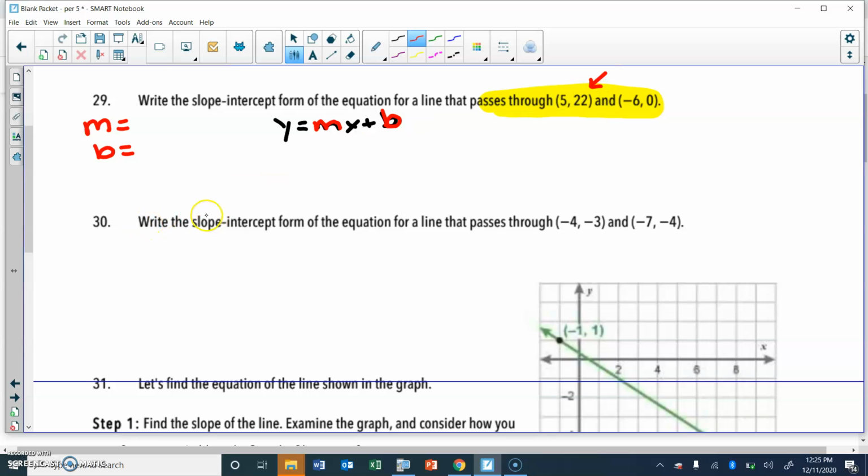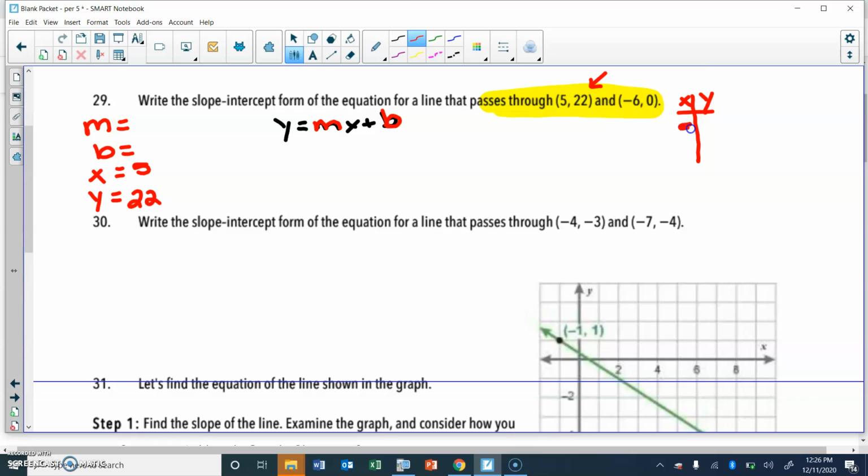I'm just going to use this one because it's positive numbers. All right, so x is 5, and then y is 22. But my slope I don't have, so I use these 2 points to find my slope. So it's going to be an xy table.